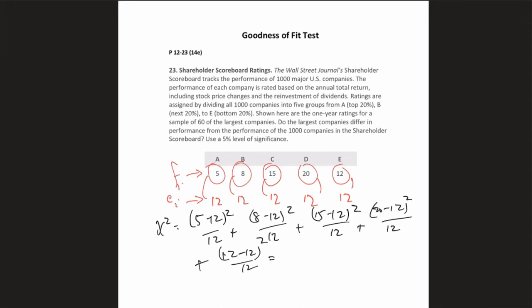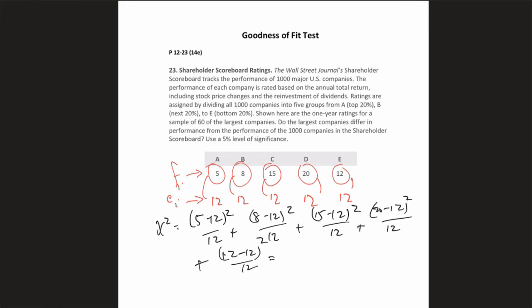That's how we would get chi-squared right away. We don't need a bunch of calculations for the expected frequency, since it's fairly straightforward: 20% in each category.